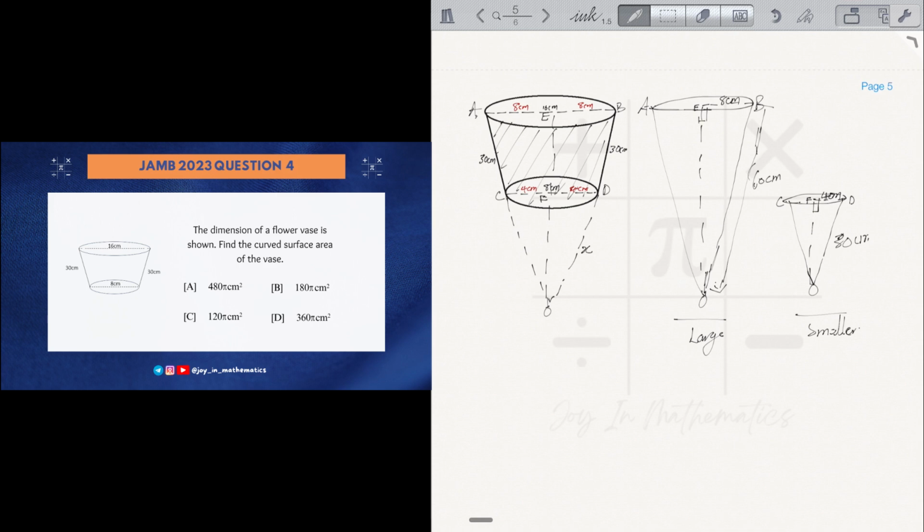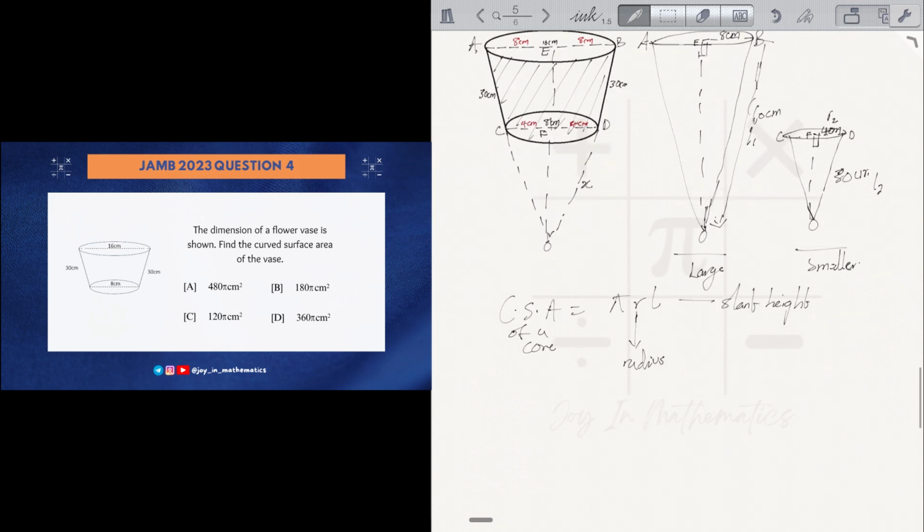Now let's call this radius R1 and let's call this slant height L1. Let's call this radius R2 and let's call this slant height L2. The curved surface area of a cone is equals to pi RL. R is the radius, L is the slant height.